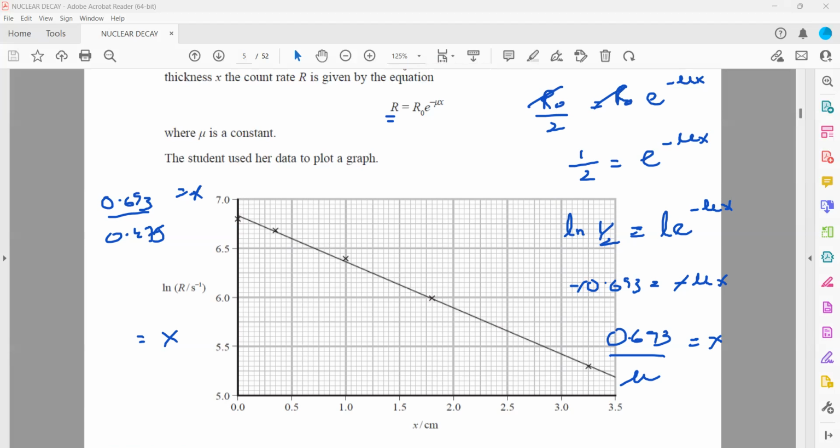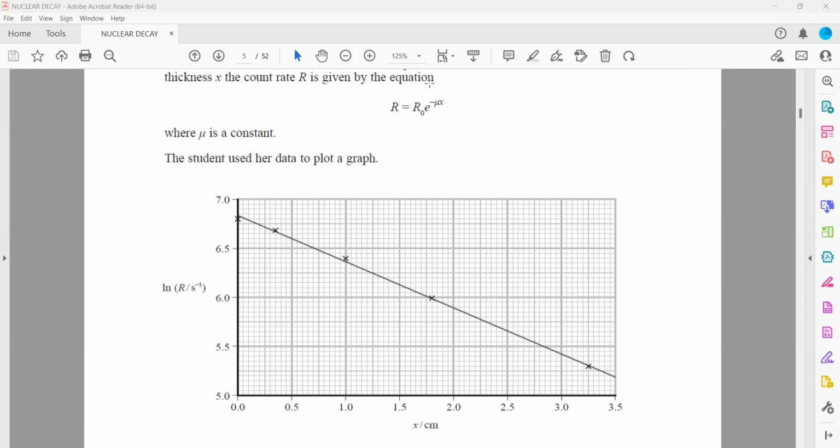So 1.46 centimeter. That is what we have to show, that the thickness is about 1.5 centimeters. So 1.46 is about 1.5 centimeter.